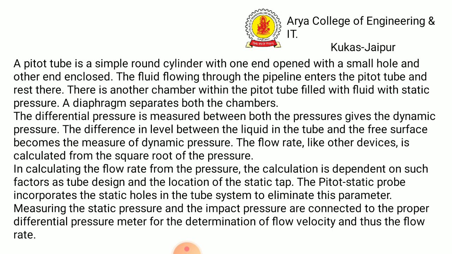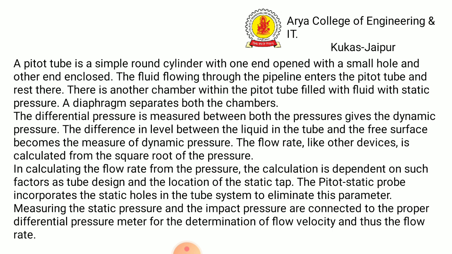So fluid flowing through the pipeline enters the Pitot tube and comes to rest there. There is another chamber within the Pitot tube with fluid at static pressure. A diaphragm separates both chambers. The differential pressure is measured between both, and this pressure gives the dynamic pressure.